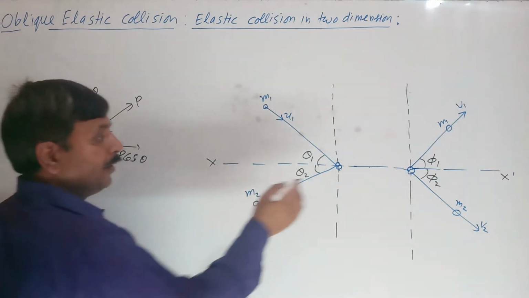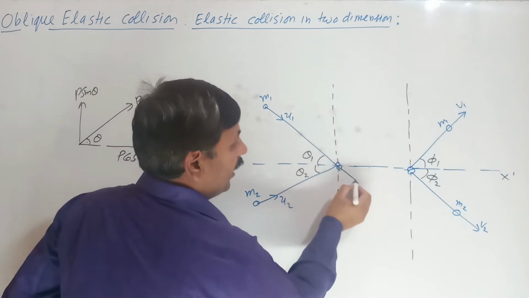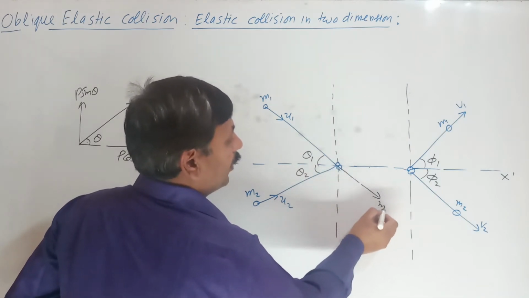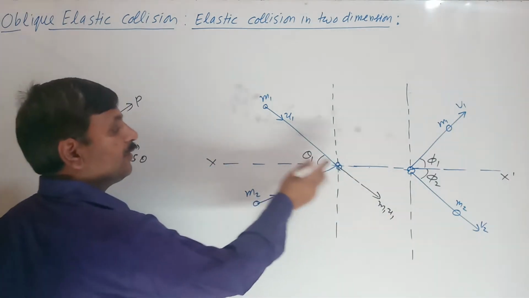So see here, this momentum is m1 u1, making angle theta 1.